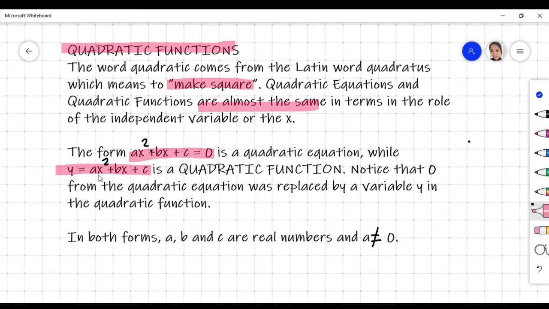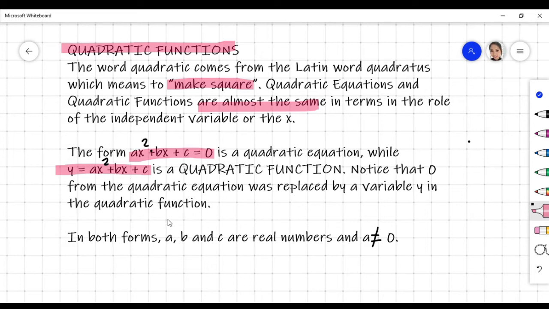So it means that y is dependent to our variable x. So again, this standard form of the quadratic function is y equals ax squared plus bx plus c. This one is still considered as an equation. It is just that it is a quadratic function equation.